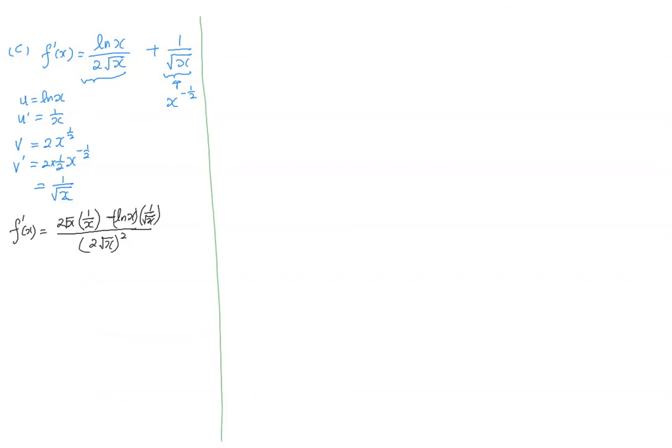Then for this part, take away, plus bring down the power, then power take away 1, that is 3/2. Negative half minus 1 is negative 3/2. Now you can use calculator.